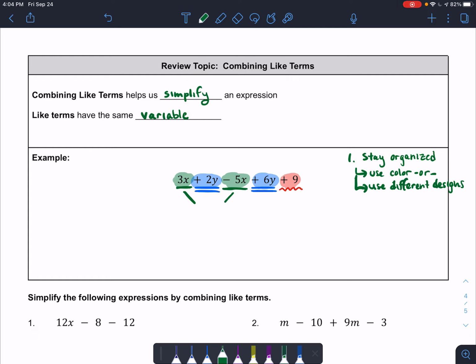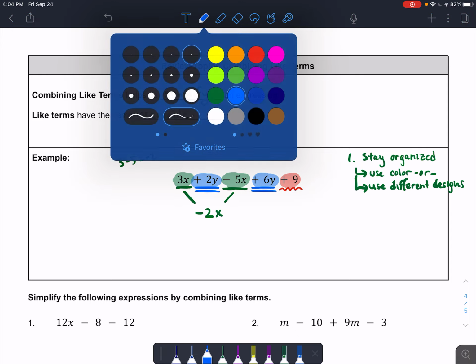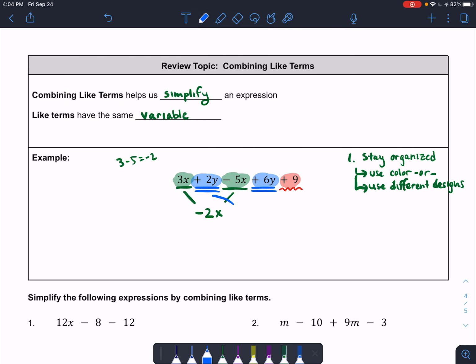I'm going to say if I have 3 x's and I take away 5 x's, that leaves me with negative 2 x's, because 3 minus 5 is equal to negative 2. Again, 3 x's minus 5 x's should leave me with negative 2 x's. When I think about my blue now, I have positive 2 y's.